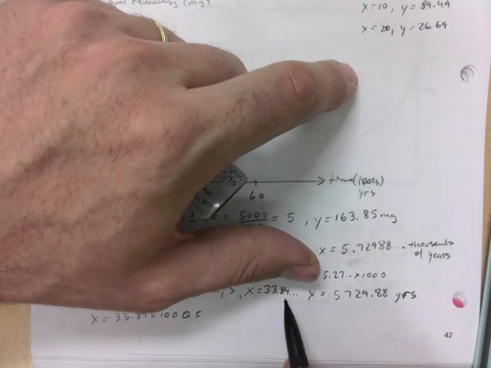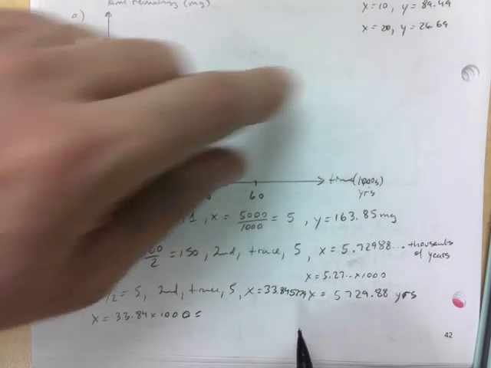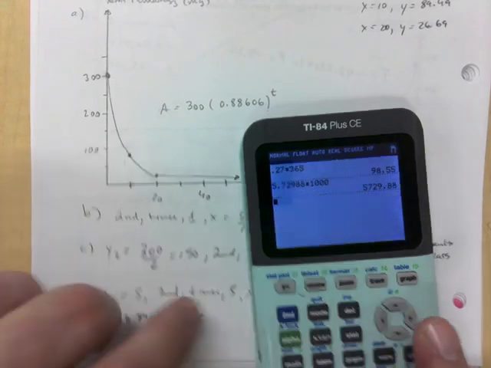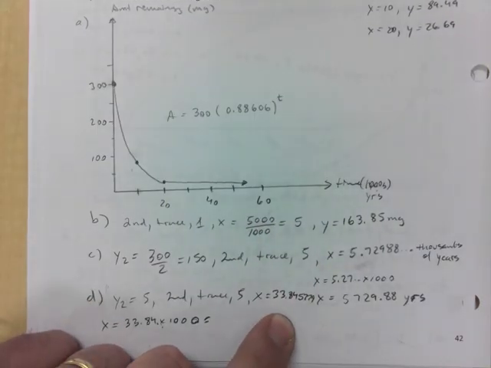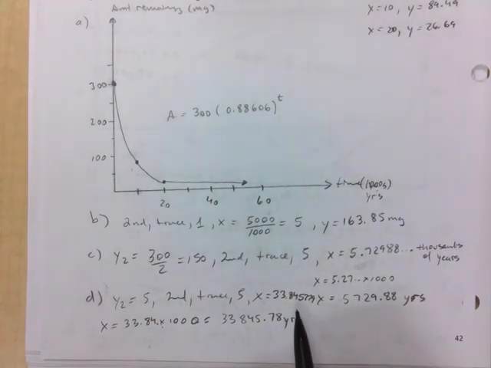And I'm going to use all the decimals, sorry. 33.845779. And that is 33,845.78 years. You can also just shift the decimal over 3 spots, right? Because 1,000 has 3 zeros, and then away you go.